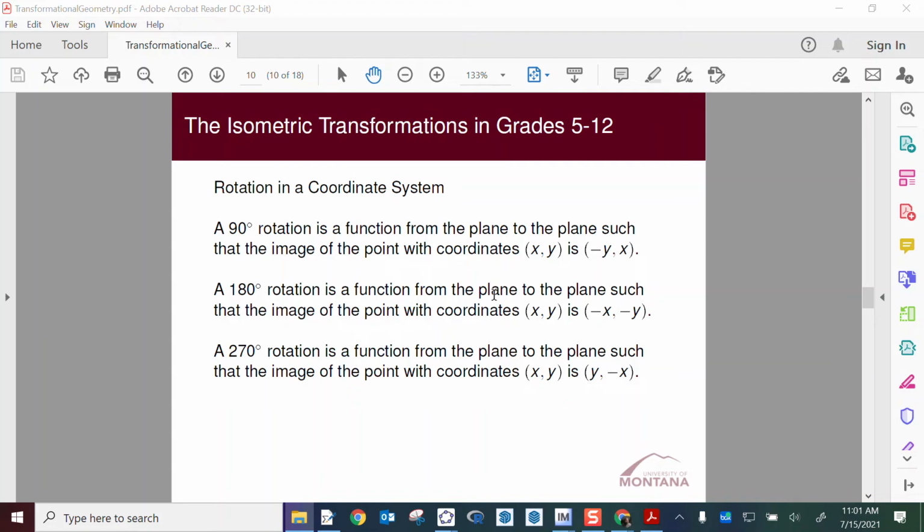And then if we were to do a 270-degree rotation, the rule is that x comma y becomes y comma negative x. It makes good sense comparing it to the 90-degree rotation. We swap the coordinates, but in this case, instead of y being negative, the x becomes negative because we've rotated through 270 degrees, I guess is the way I think of it.